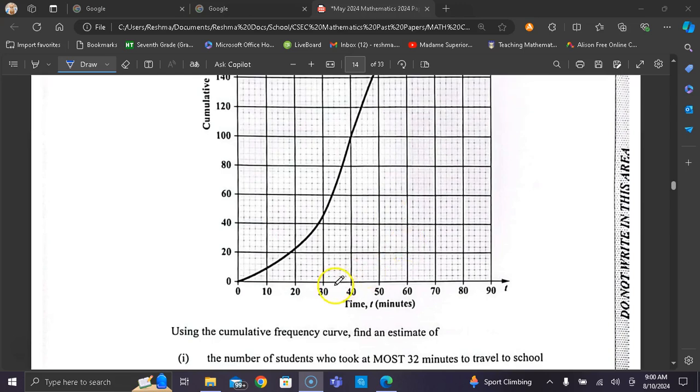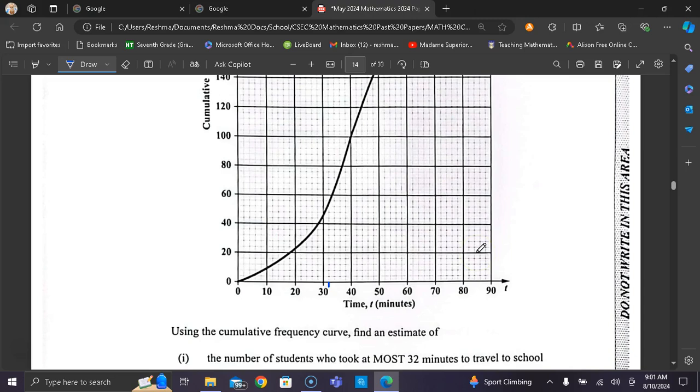So it means that at 32 minutes here on the x-axis, let me just put a little mark, because I don't know if you can faintly see the lines on the graph. Each mark will be 2 minutes, right? So it'll be 32, 34, 36, 38. Okay, so this is 32 minutes here.